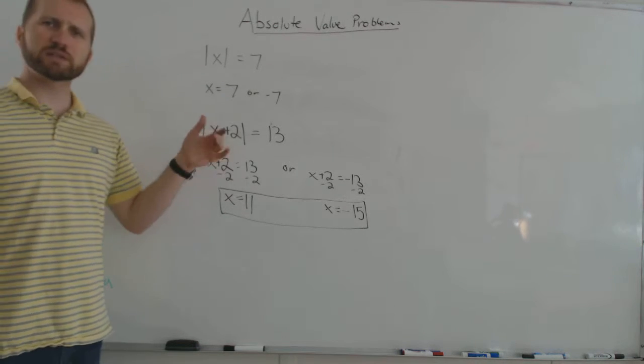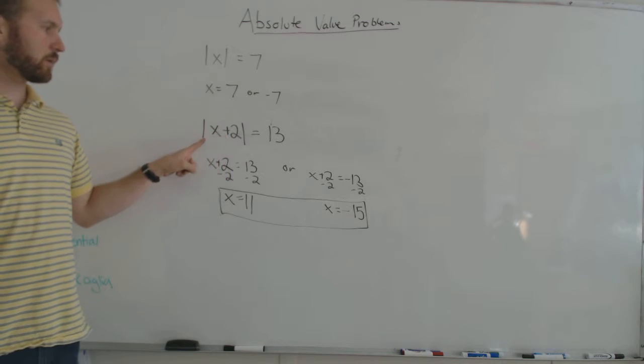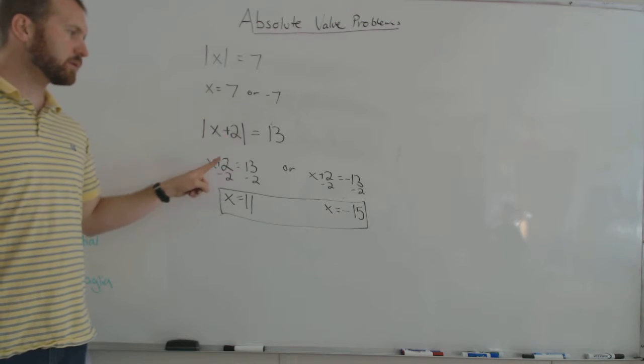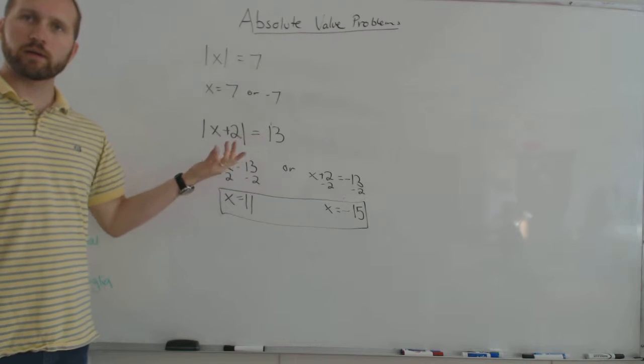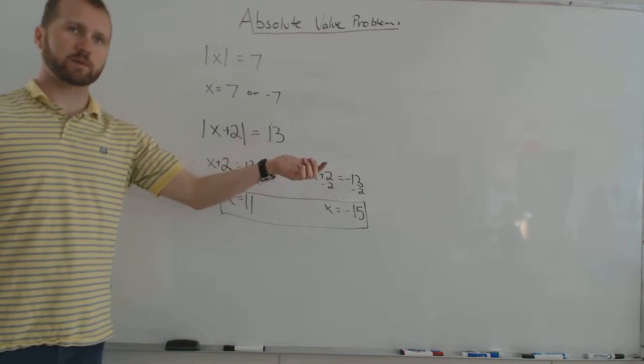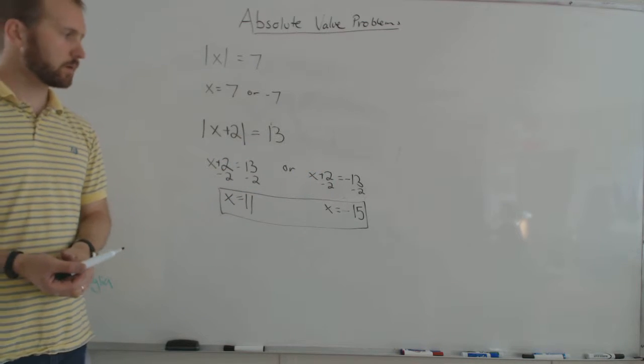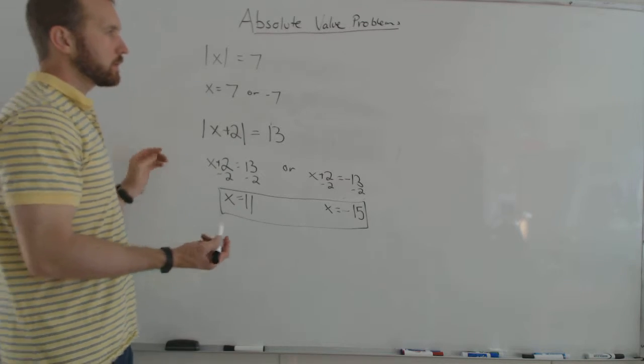So the only new step here is this step. When we see the absolute value, we write two equations and we say or. Either this equation or this equation. Okay. So let me give you another one.